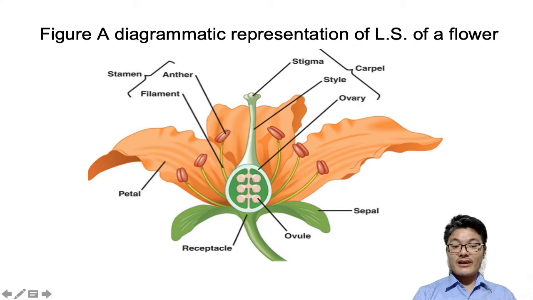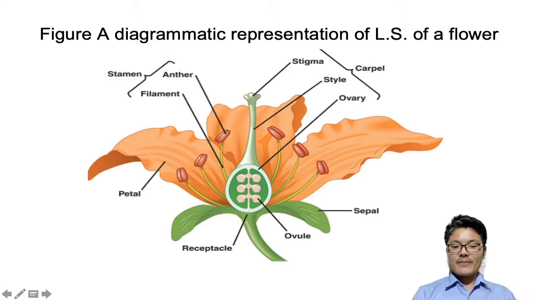So we have the male reproductive part, which is called stamen, and stamen has an anther and a thin slender filament. We have the carpel as the female reproductive part, which has the stigma and the thin slender stalk called style, and a bulging base, which is the ovary, and within the ovary we have the ovule. Now all these parts, along with the petals, which are colorful leaf-like structures.